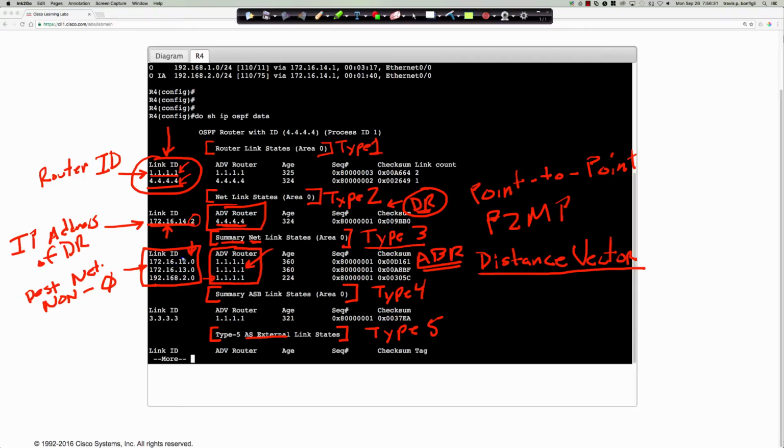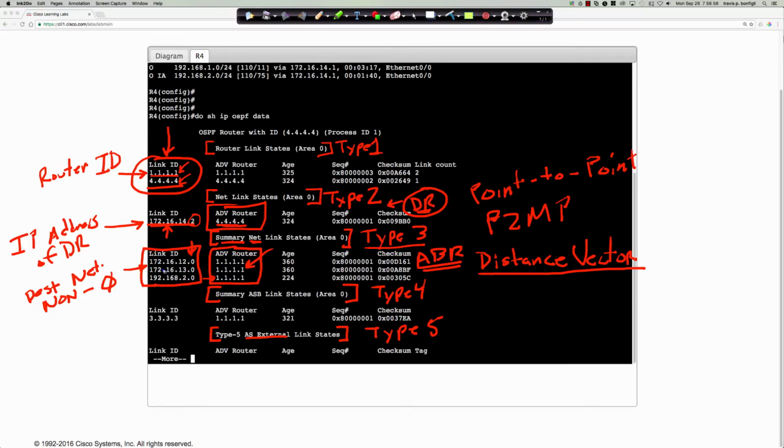Because area 1 and area 2 have provided this information to the ABR, the area border router, and the area border router is not sending in the entire link state database to all other routers. It's simply sending in a summary. And it's basically the type 3 LSA is that summary.